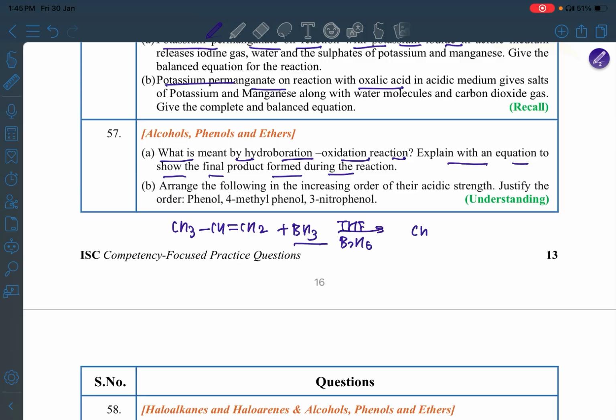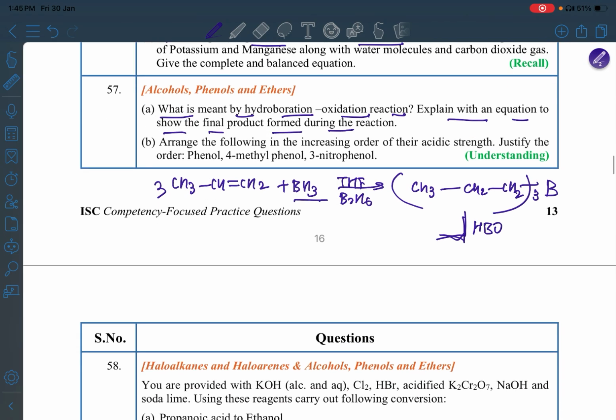Then we get this product, (CH3CH2CH2)3B. This is hydroboration. Now hydroboration oxidation gives us the anti-Markovnikov alcohol, so it becomes CH3CH2CH2OH. So this is our final product: the reaction follows the Markovnikov mechanism, but the final product becomes the anti-Markovnikov alcohol.